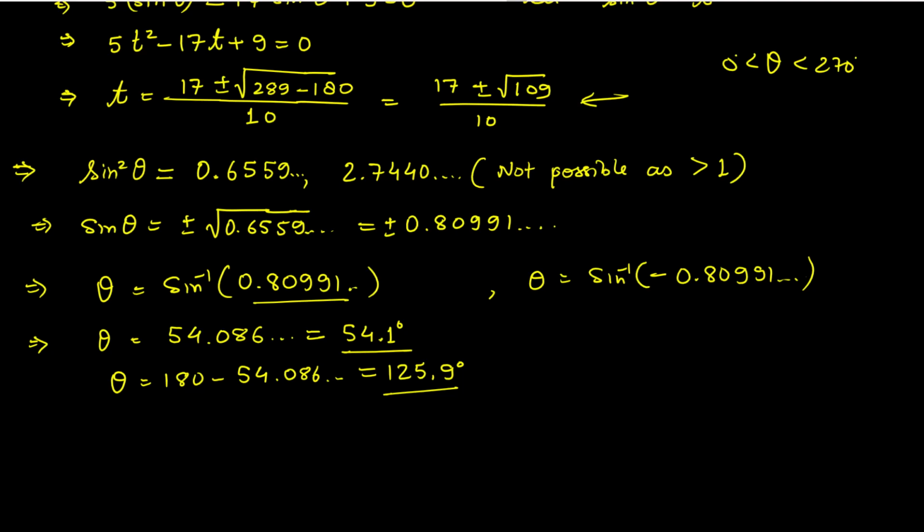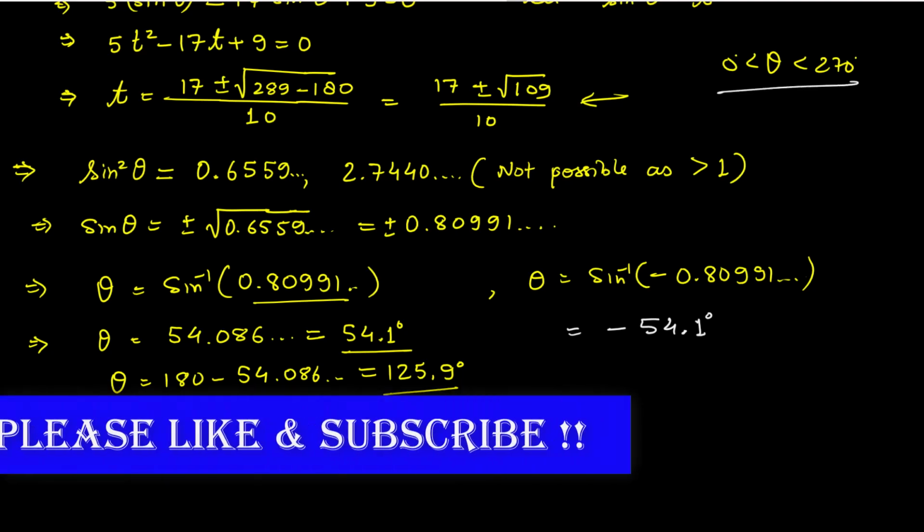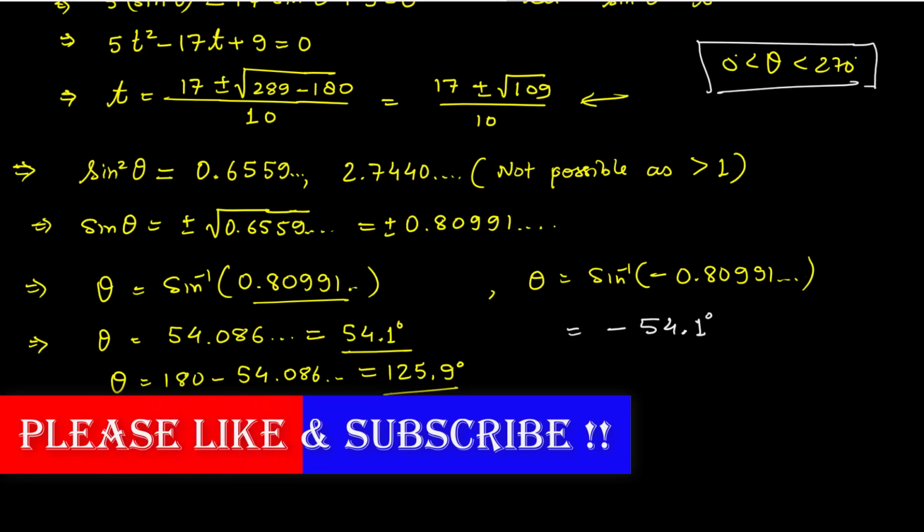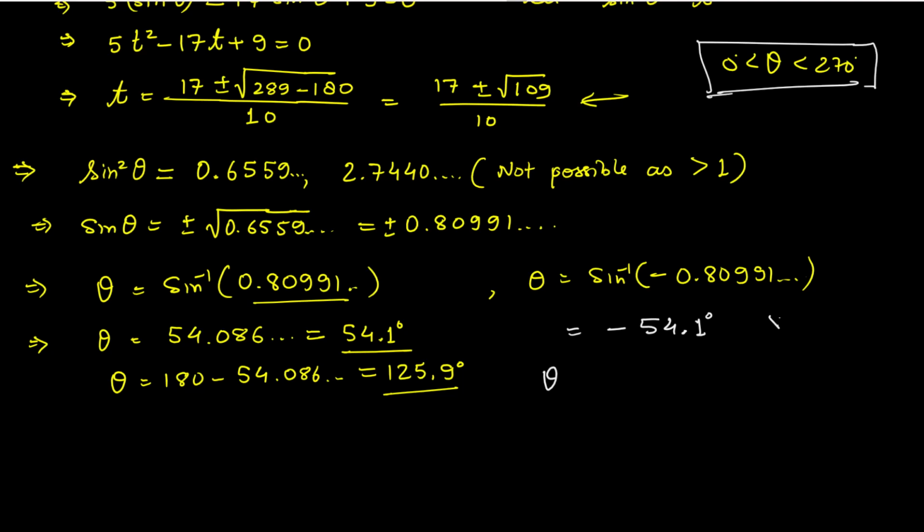And for the negative value, this is going to be minus 54.086 and so on, so negative 54.1 degrees. Of course it is below 0, so it is not falling in the range 0 to 270 degrees, which is not acceptable.